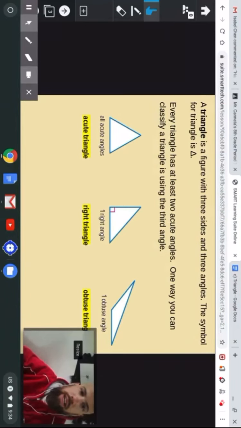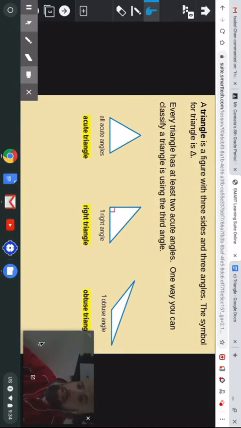One way you can classify a triangle is using the third angle: all acute angles, 1 right angle, or 1 obtuse angle. This is an acute triangle because all my angles are less than 90 degrees.